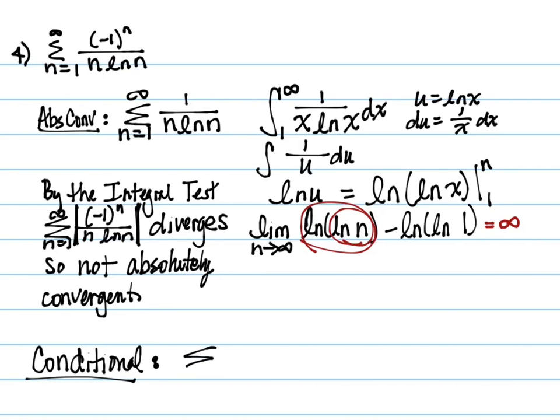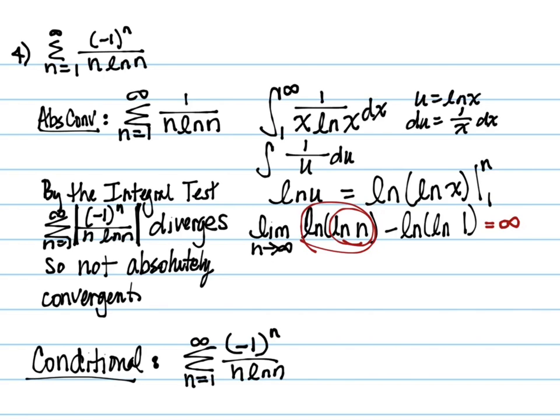So conditional, what does that look like? Well, the summation from n equal 1 to infinity of negative 1 to the n over n ln n must be considered in its entirety. But you will recognize, of course, that this is an alternating series.